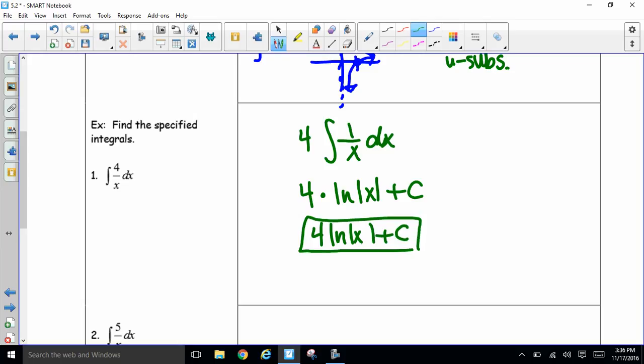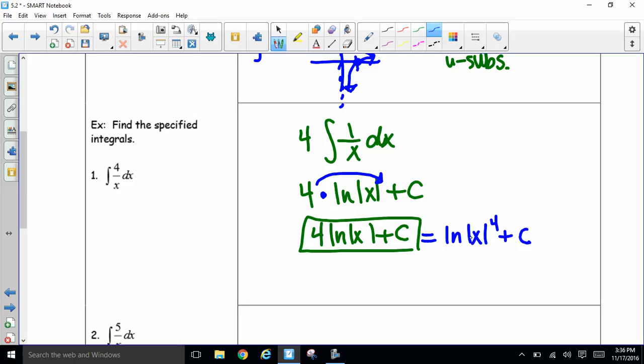That's totally fine. But they may go back and say, hey, wait a second, since this is multiplied in front, I could send it back up and make it a power. So this is also equal to natural log of absolute value of x to the 4th, plus c.